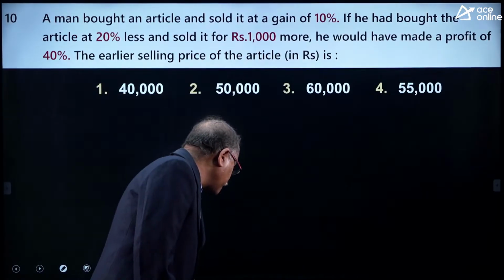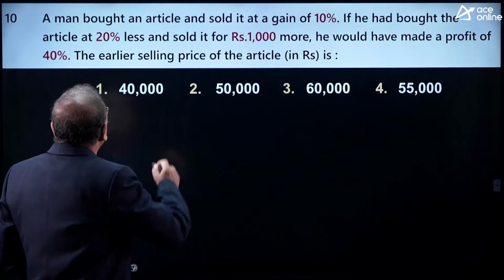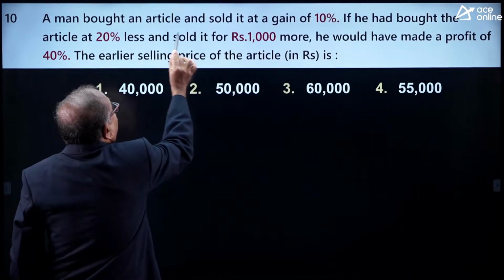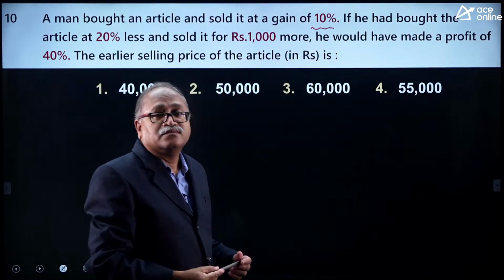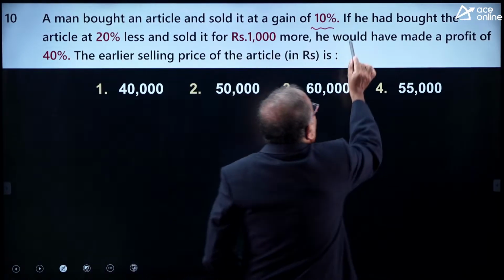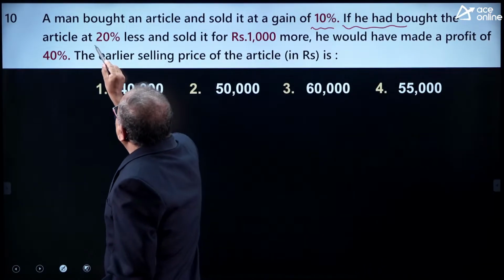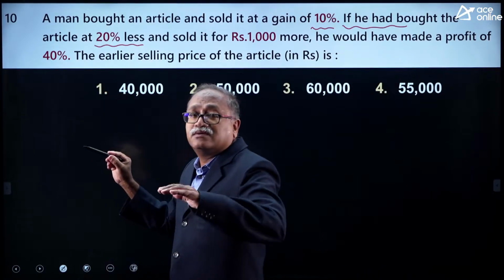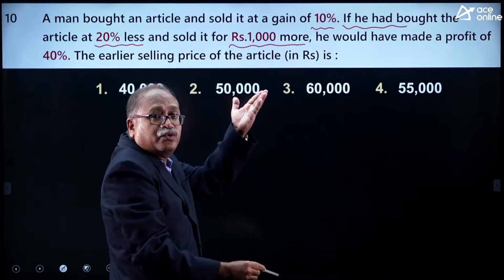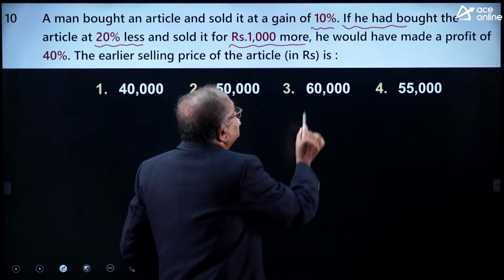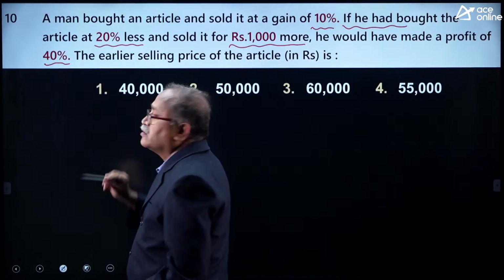Next one. Let's say that Aman will be first again. Here a man bought an article and sold it at 10% profit, and a condition is there that if he had bought the article at 20% less and sold it for 1000 rupees more, he would have made a profit of 40%.